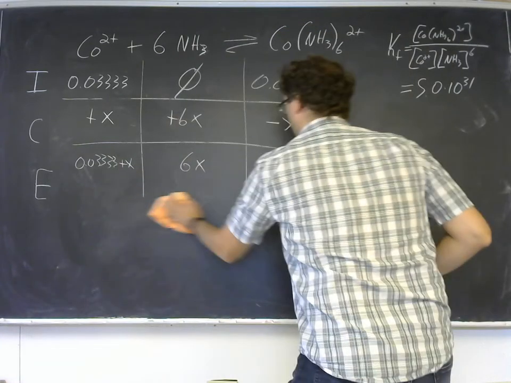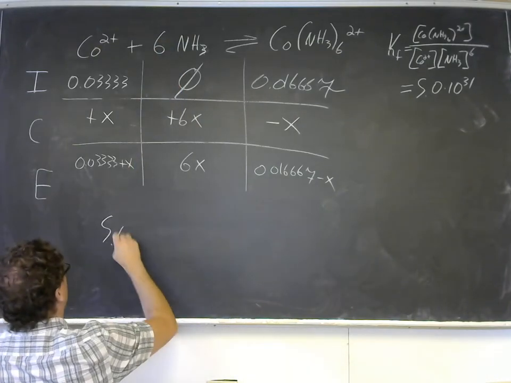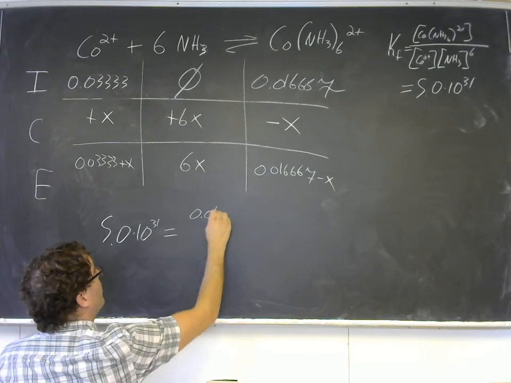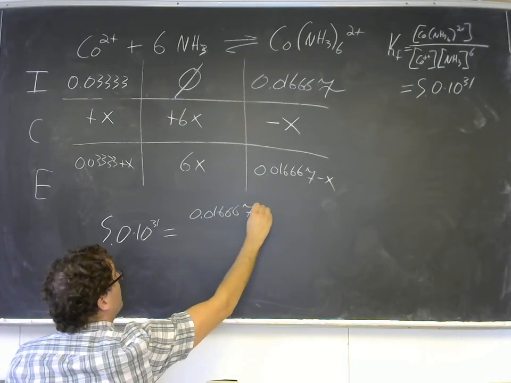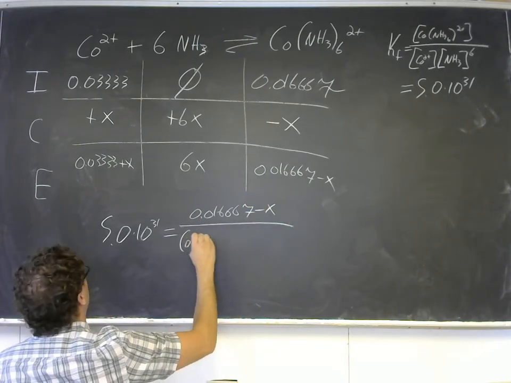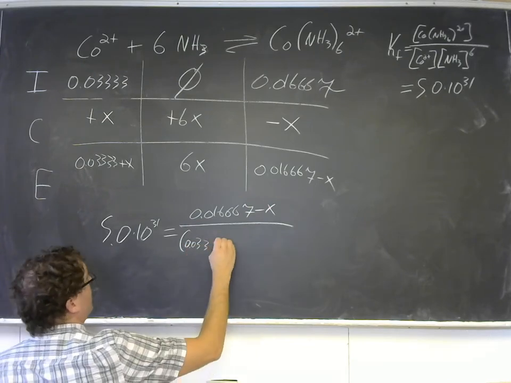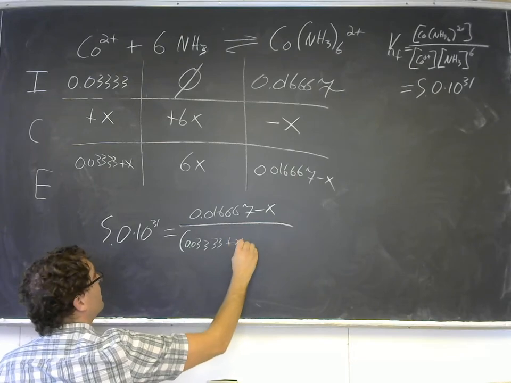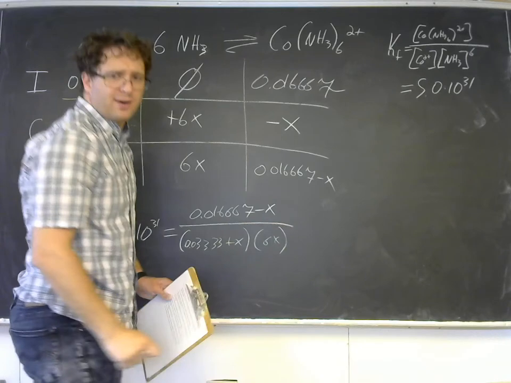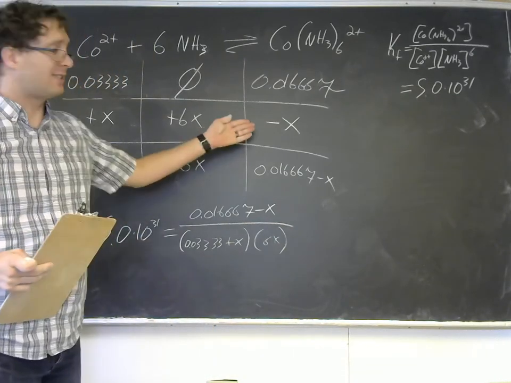And now we can put those into my equilibrium expression. I'll do it down here again, I have more room down here. 5.0 times 10 to the 31st is equal to 0.016667 minus x over 0.03333 plus x times 6x. Now, is this any better than what we had before? The answer is yes, because now we know that x is small.